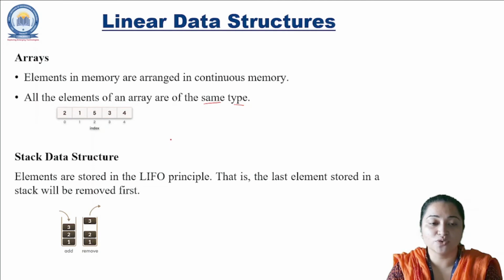If we want to store elements of the same data type in sequential manner, then the suitable data structure is array. Suppose this is my array A and these are 5 elements of the array. Then in order to access these elements, we will use index. A of 0 will return the first element, A of 1 will return the second element, which is 1, and so on.